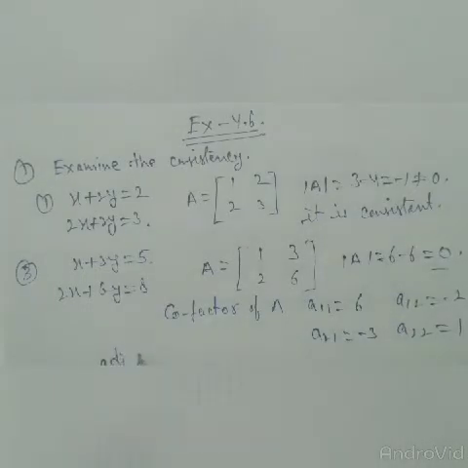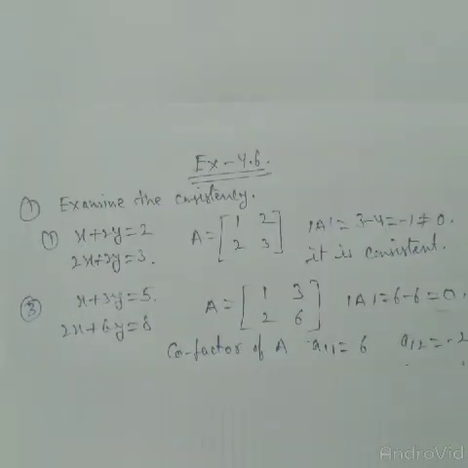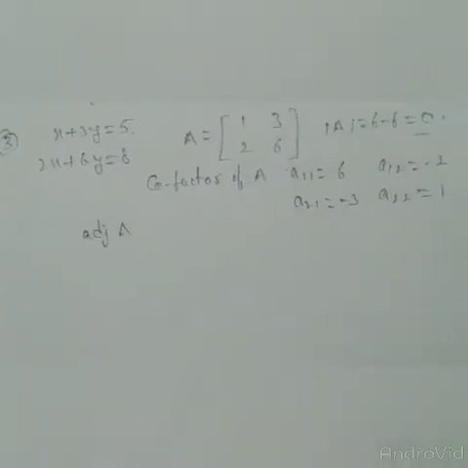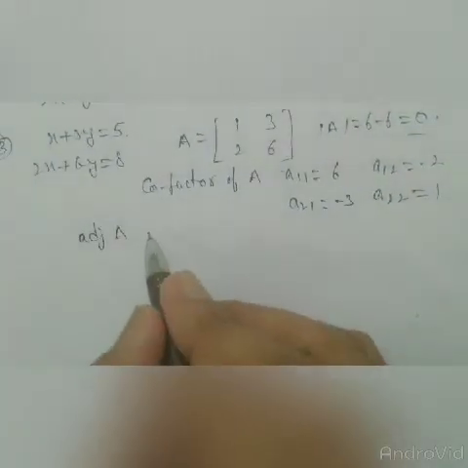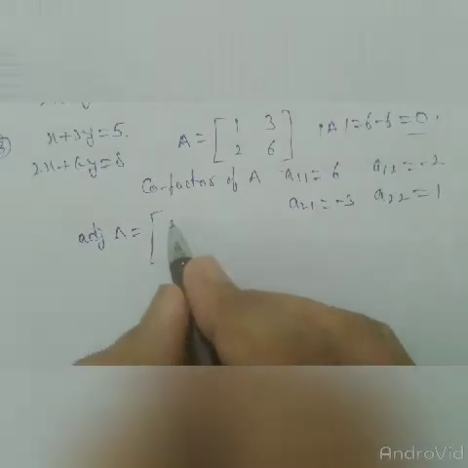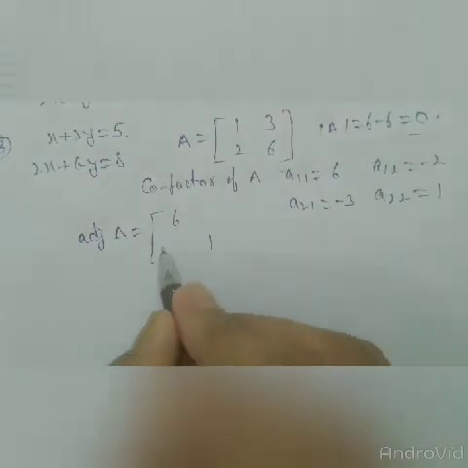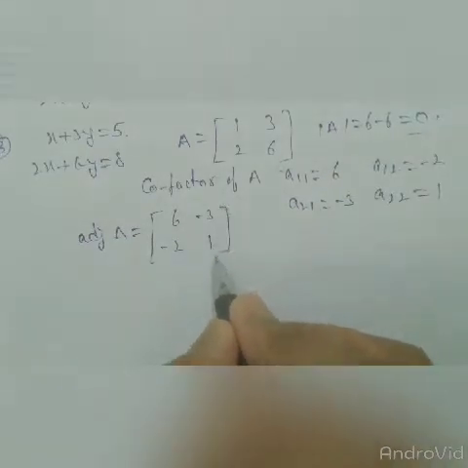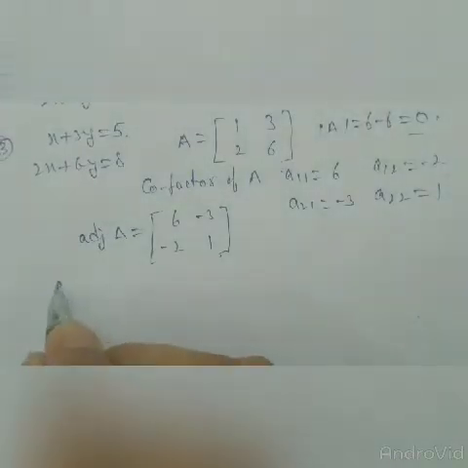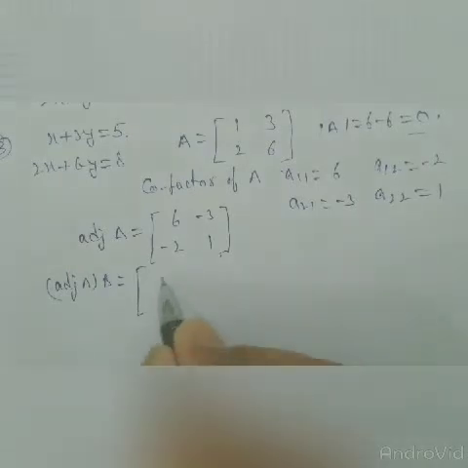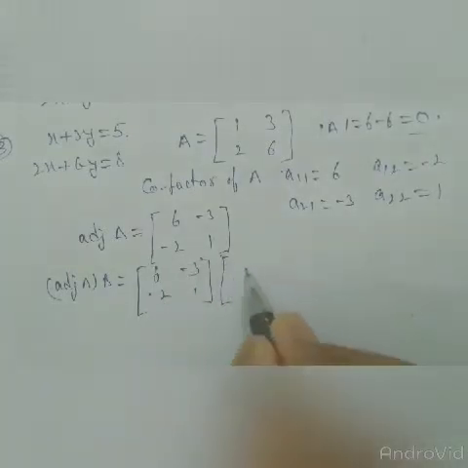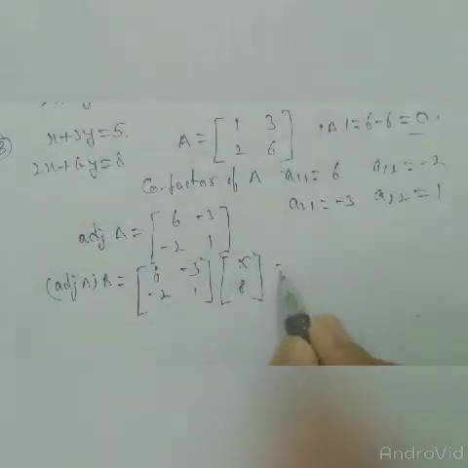So adjoint of A is equal to 6, minus 3, minus 2, 1. Clear? Then we have to find adjoint of A into B, which is 6, minus 3, minus 2, 1 times B, which is 5, 8.